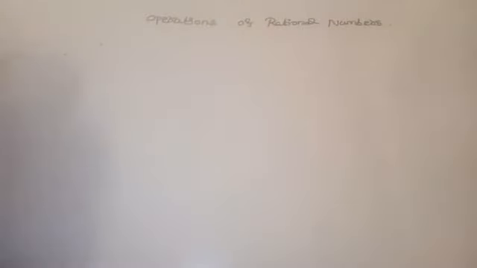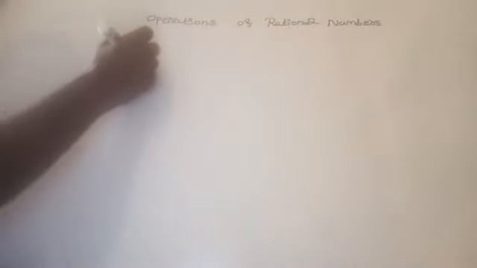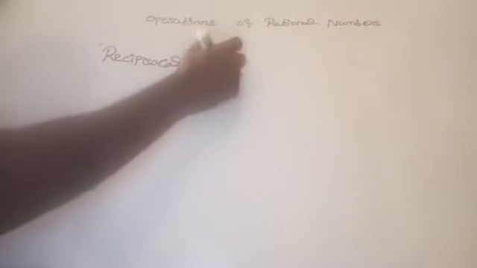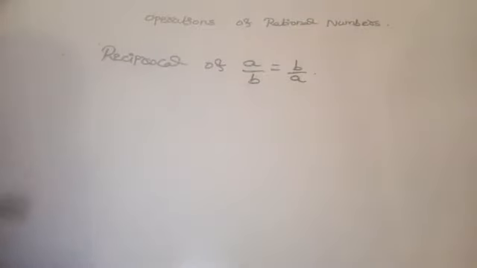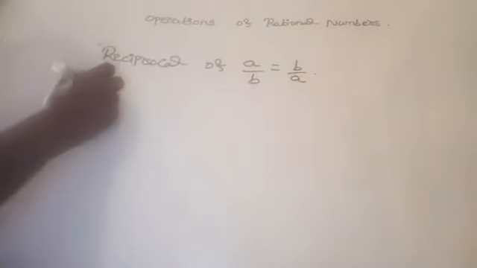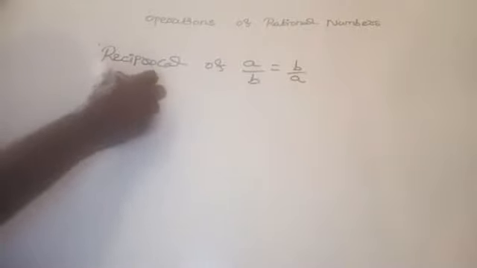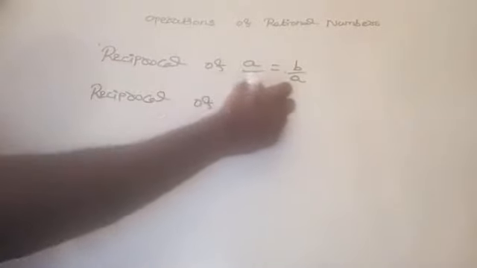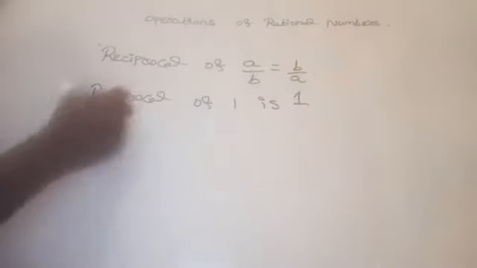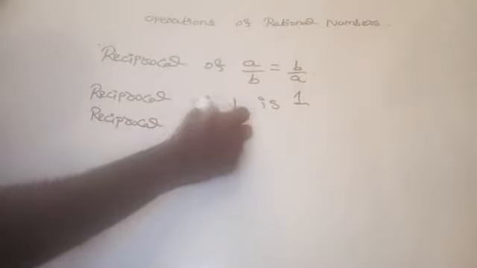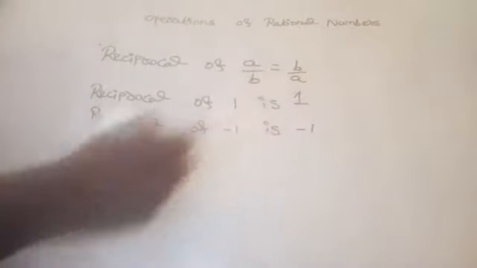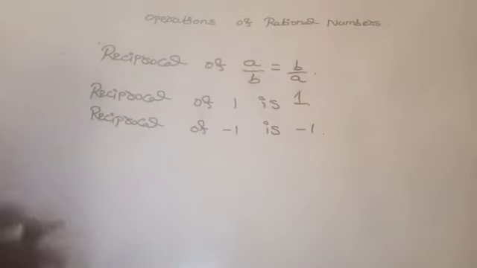Yes, B by A. The reciprocal of A by B is B by A. The reciprocal of 1 is itself, and the reciprocal of minus 1 is itself. Reciprocal is nothing but just interchanging the numerator and denominator.